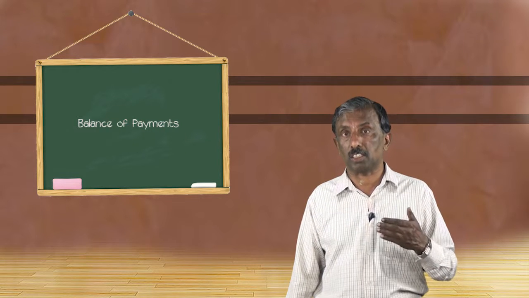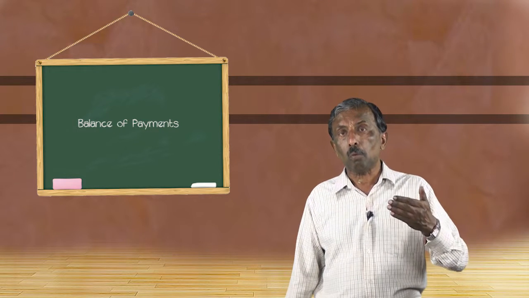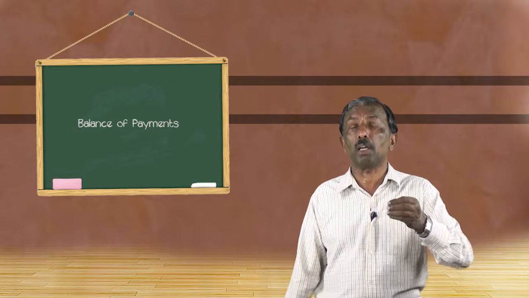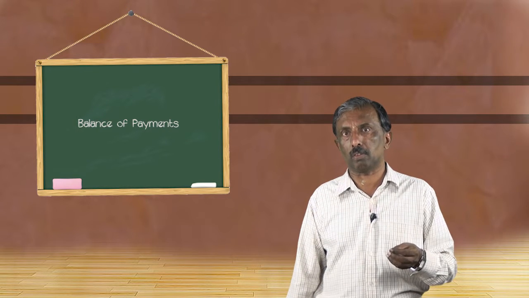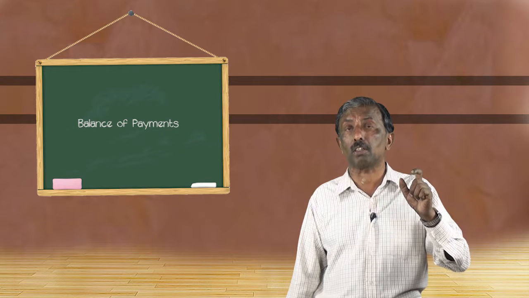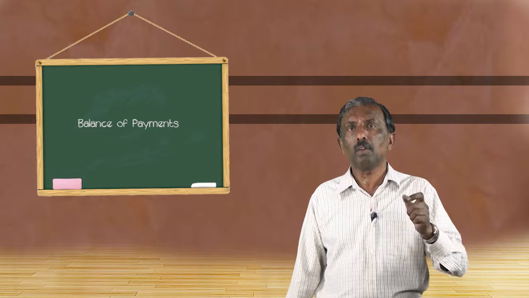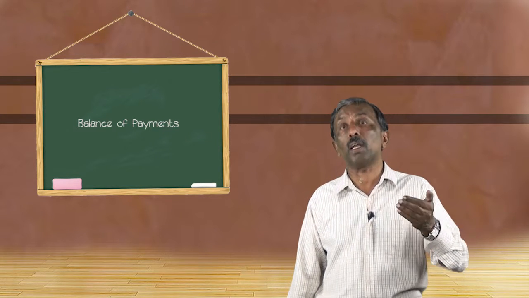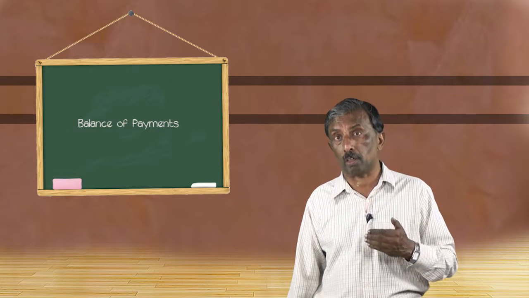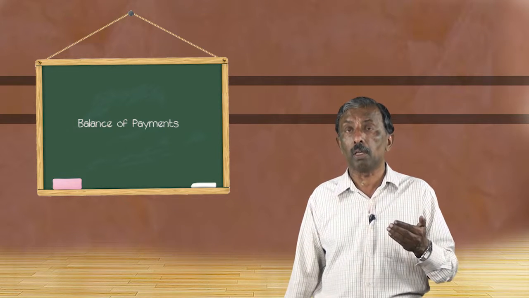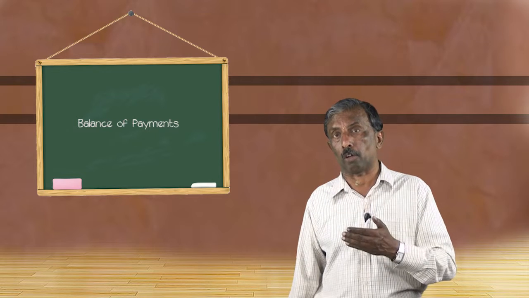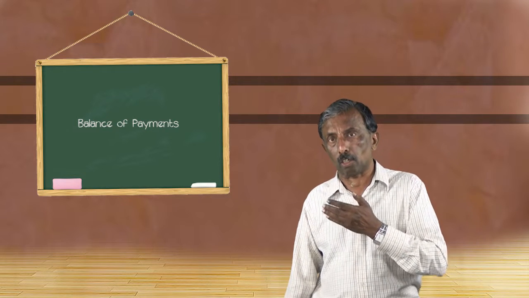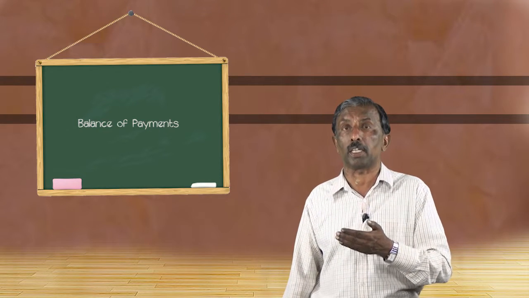Then let us take up the discussion of what are the actual items we are going to enter into the balance of payments. Now I have given only the gist of the topics and titles. In the case of exports, for example, we are exporting coffee, gold jewelry, diamond jewelry. Likewise, we are importing, for example, mobiles or hardware from other countries.